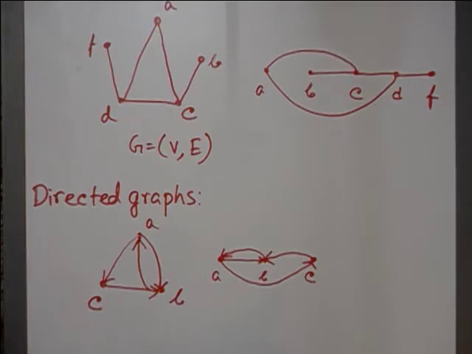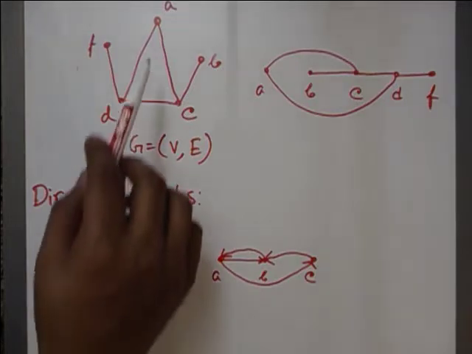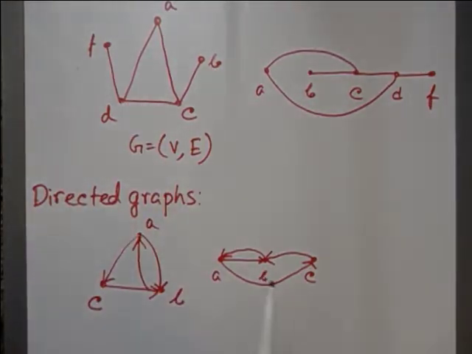Protein interaction graphs in biochemistry and some other social networks like Twitter are directed graphs. Facebook is an undirected graph where if 2 people are friends, you just put an undirected edge, or just a line segment between them, because if A is friends with B, then B is also friends with A. But in Twitter, it's different. There is a direction.